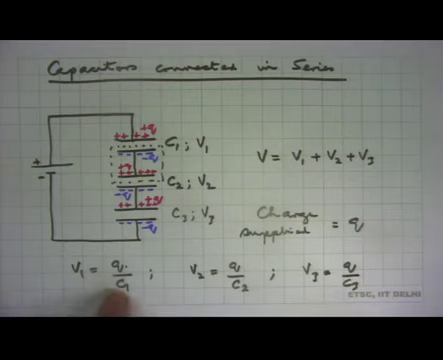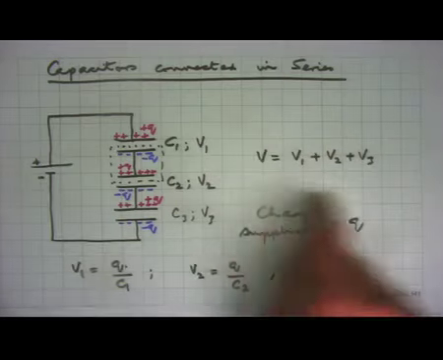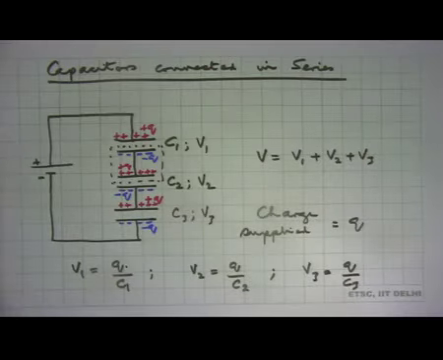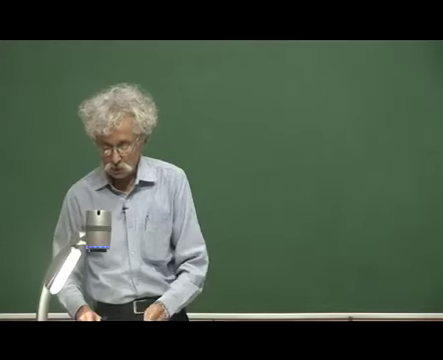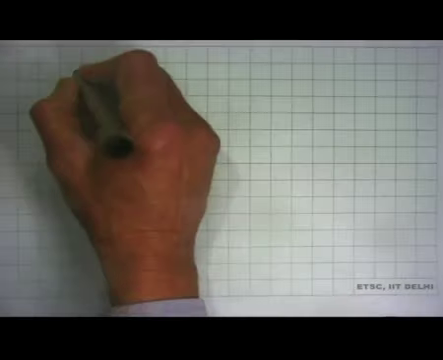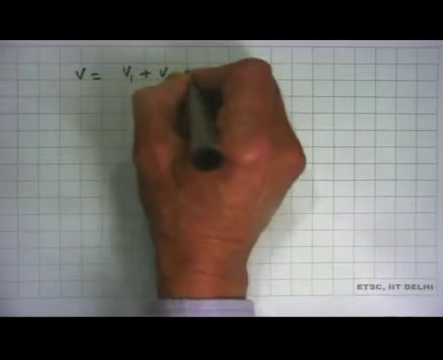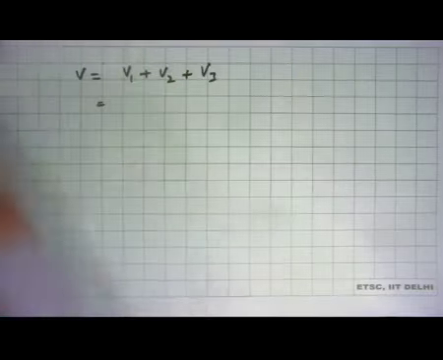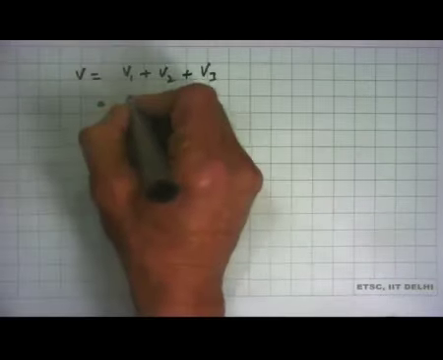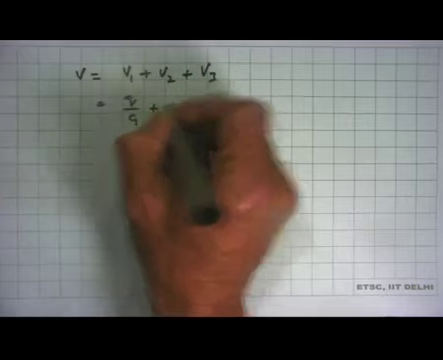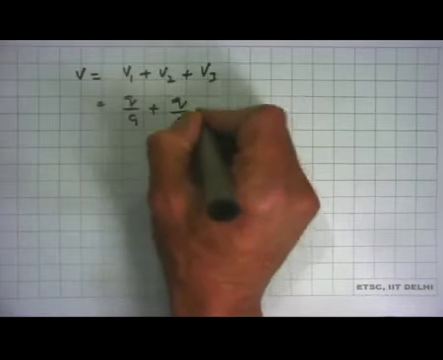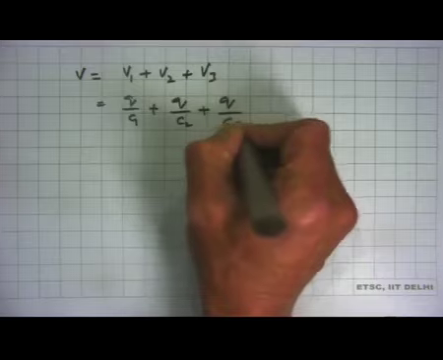So, with these two equations, I can combine them to form an equation which tells me the overall capacitance of the device. V is equal to V1 plus V2 plus V3, which is equal to Q by C1 plus Q by C2 plus Q by C3.